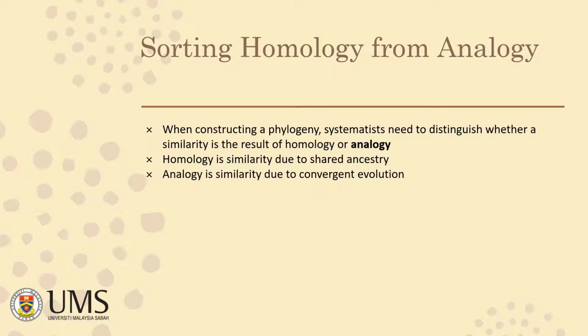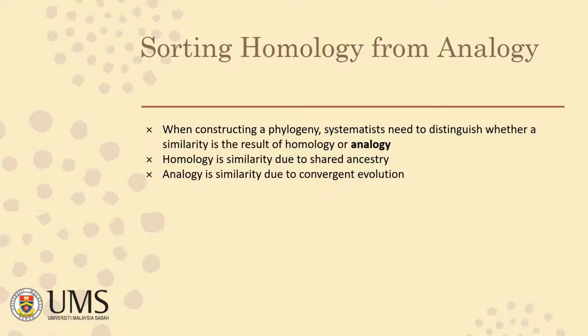When constructing a phylogeny, systematists need to distinguish whether a similarity is a homology or an analogy. Homology is because of a shared ancestor, they have the same common ancestor. Analogy is caused by convergent evolution.